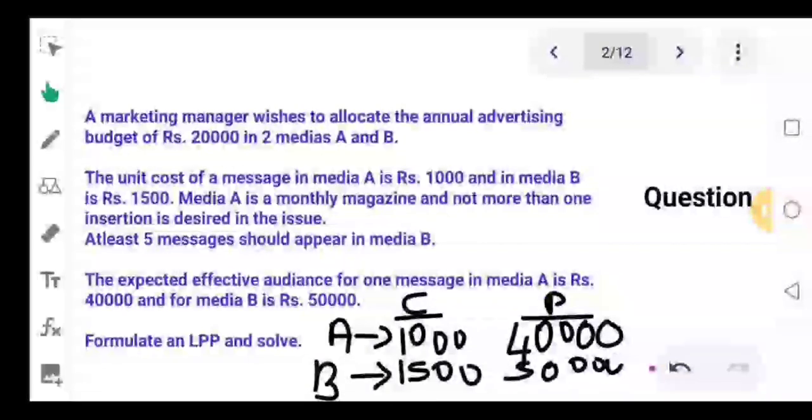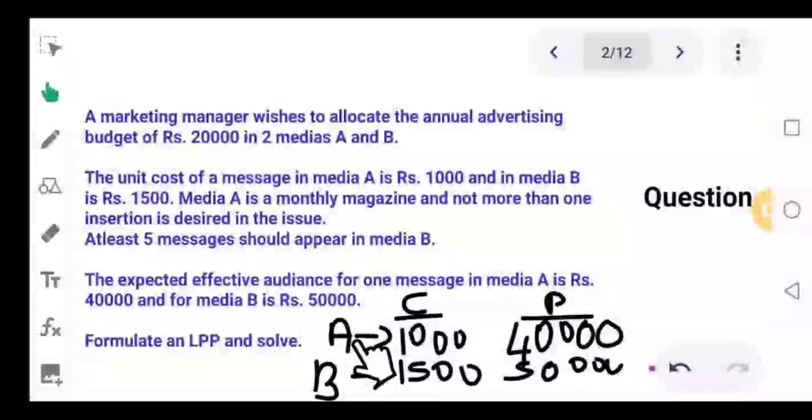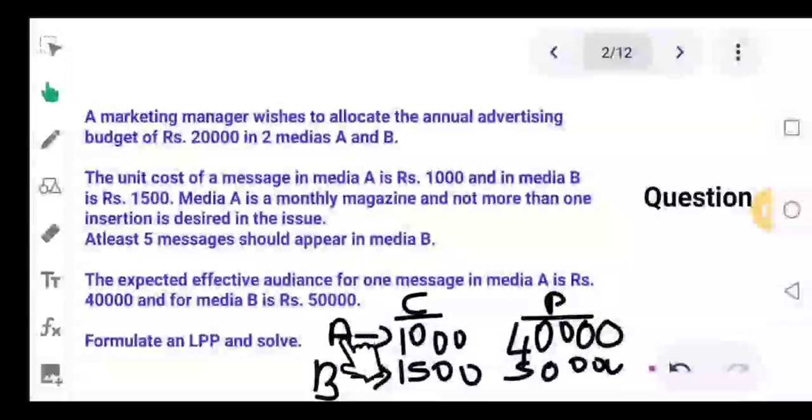Now, if I am going to publish one message in magazine A, the expected effective audience is nothing but, another way you can say, the profit. The profit that you will be making is 40,000 per message in magazine A. In case of magazine B, for one message you will be making 50,000 rupees as profit.